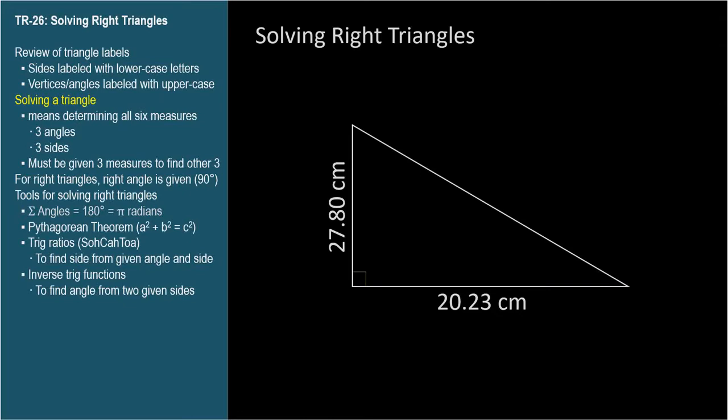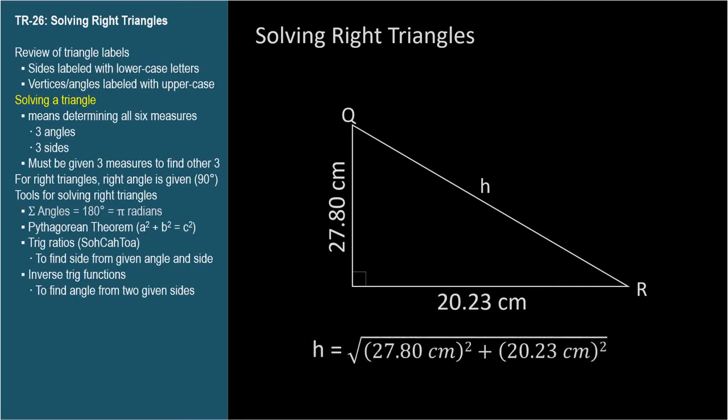This diagram has no labels for angles or sides. If we put our answers directly on the triangle, we might not need them, but for the sake of clarity, I'll add labels for the unknown quantities. When given 2 sides of a right triangle, we can use the Pythagorean Theorem to find the third. So h equals the square root of 27.80 centimeters squared plus 20.23 centimeters squared.